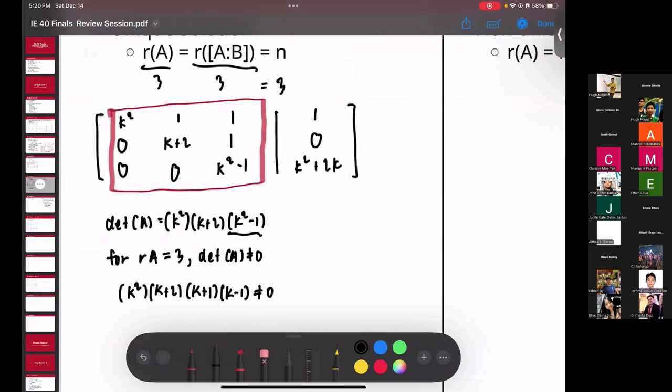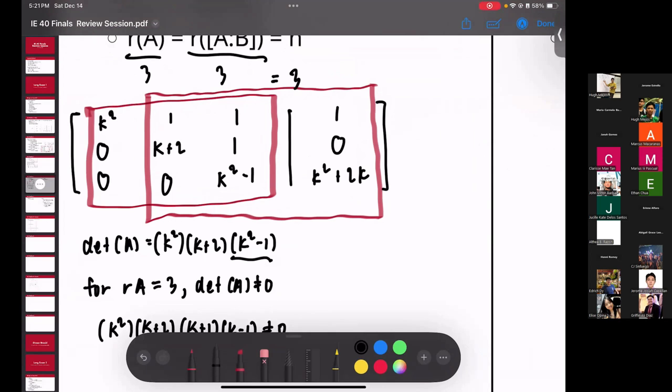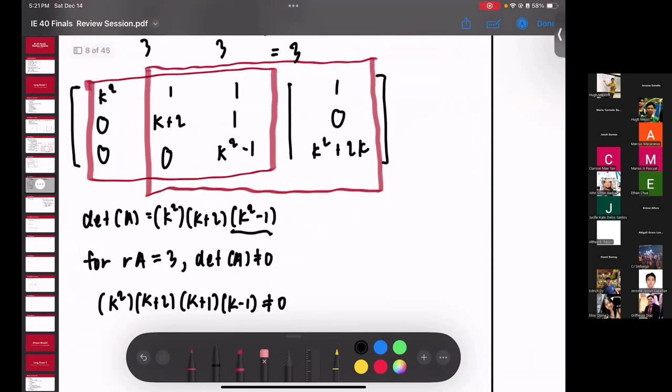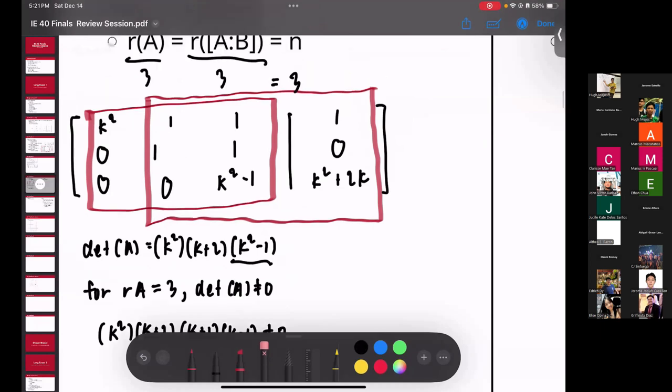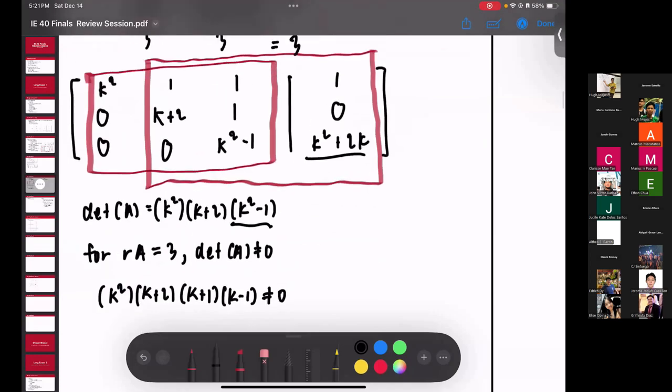The next thing we'll figure out is the rank of A augmented B, which is basically just this, because it's the largest square matrix that we can put inside. So if you look at it, it kind of has the same conditions, that none of the terms with k can be zero. Because if this becomes zero, that's not allowed. If that becomes zero, that's not allowed. Okay, so we also want that this term does not become zero.